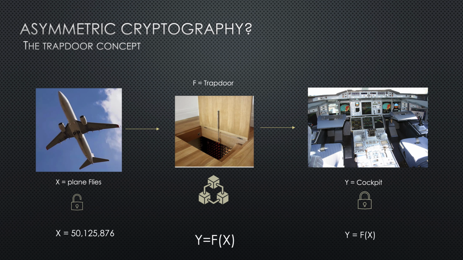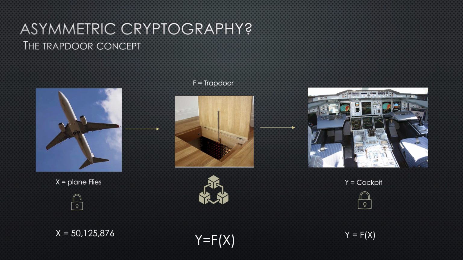So in this case, let me give you another example. If I give you a number of X, 50,125,876, okay? So this is my public key, all right?